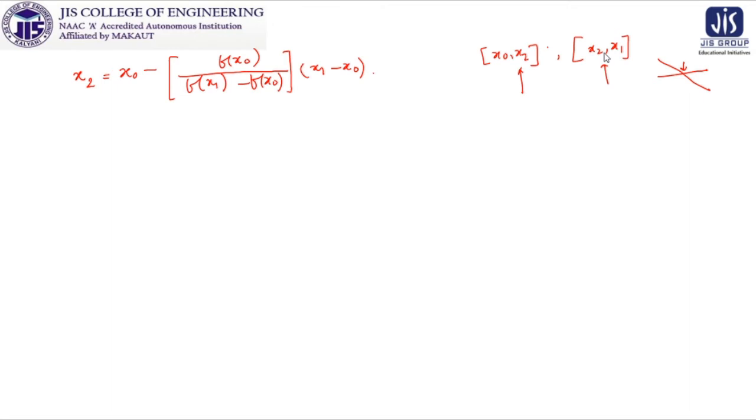So in this way we have to proceed for x2. After getting x2, we will think for x3. After that we will think for x4, and we will go up to the desired accuracy level.